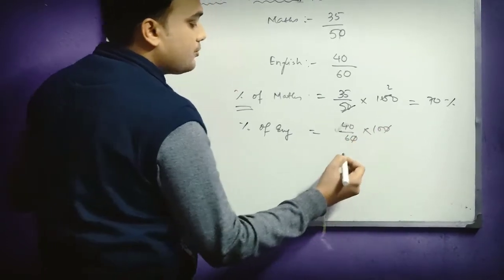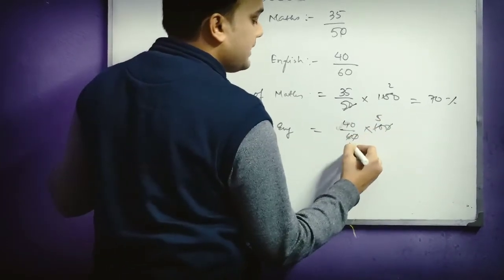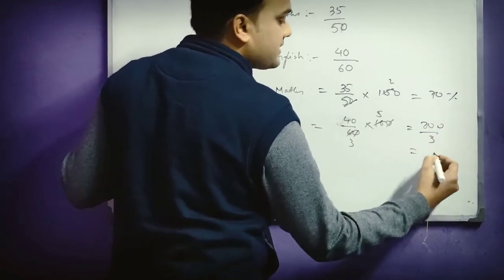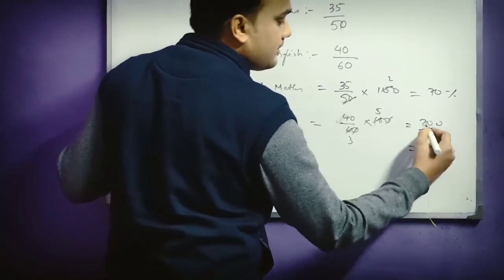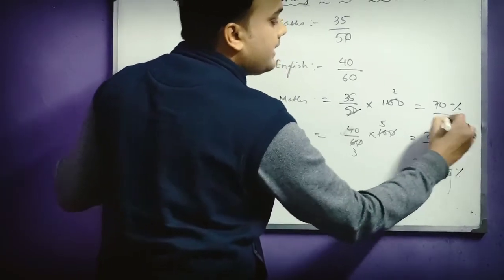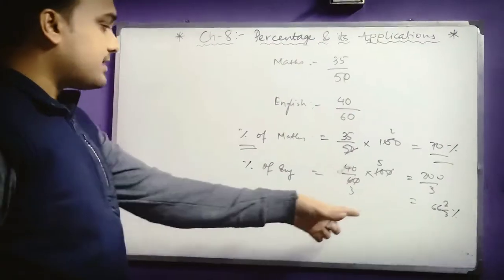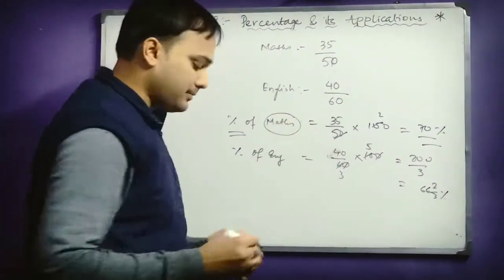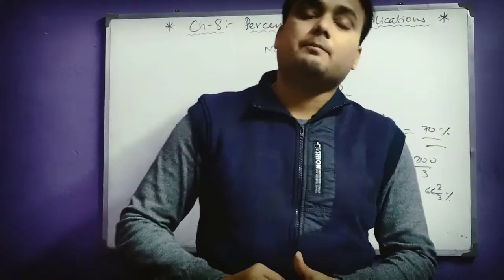You just do the calculation and you will get 200 by 3, that means 66 and 2 by 3%. So definitely 70% is better than 66 and 2 by 3%. We can conclude that the performance in mathematics was quite better than the performance in English.